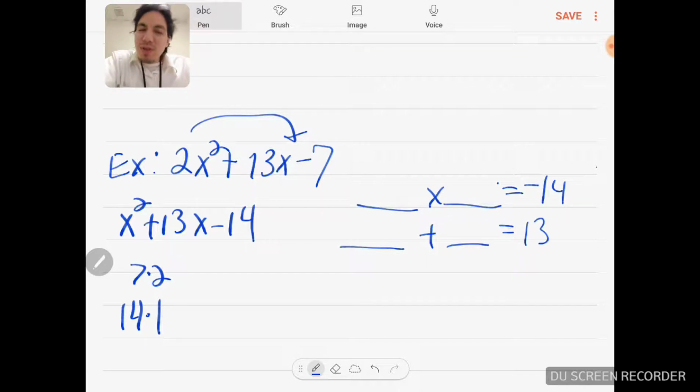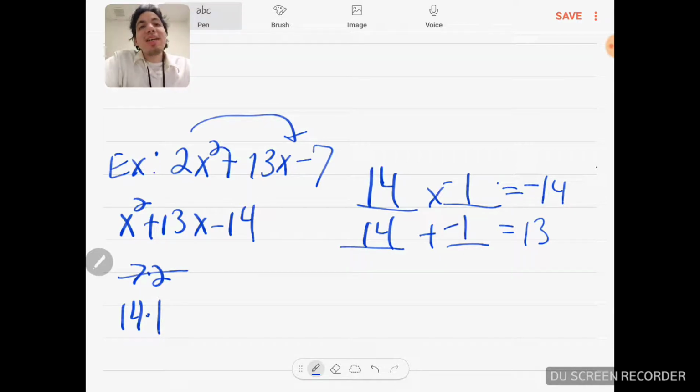So 7 times 2 gives me -14. I can do that, but when I add them, it doesn't get me 13, so we scratch that. So let's use 14 and 1. I think 14 and 1 works perfectly. You just have to make the 1 negative, because if you made the 14 negative, you get -13, and you don't want that. So plugging this back into our original equation, the middle term is replaced.